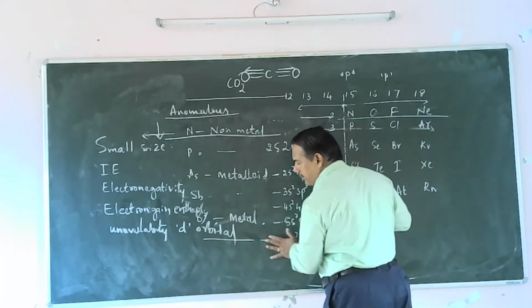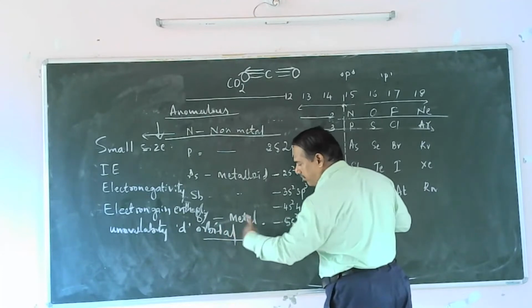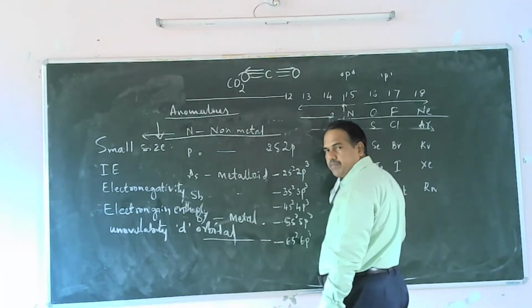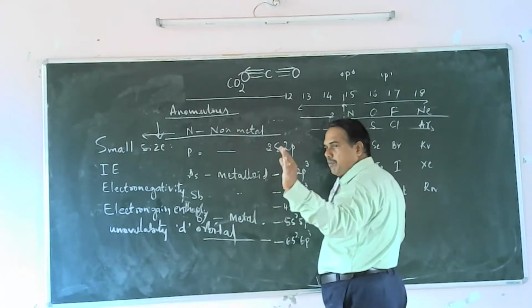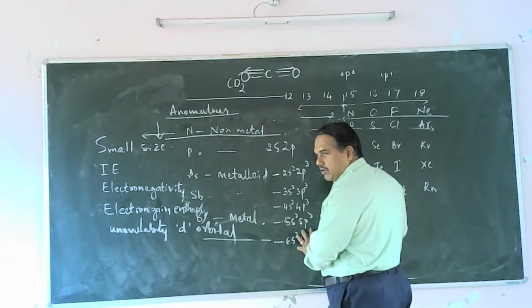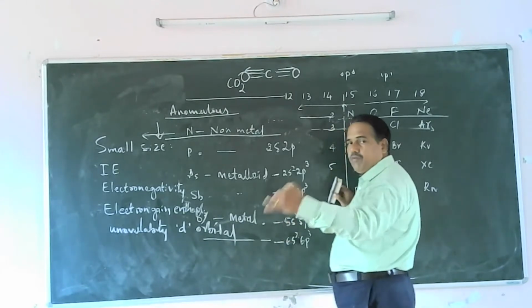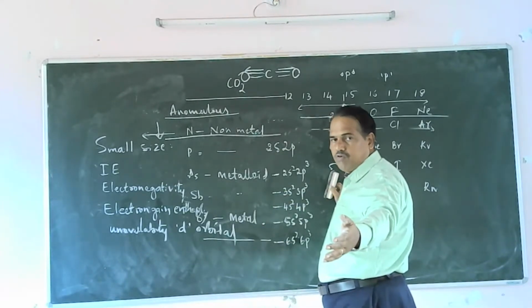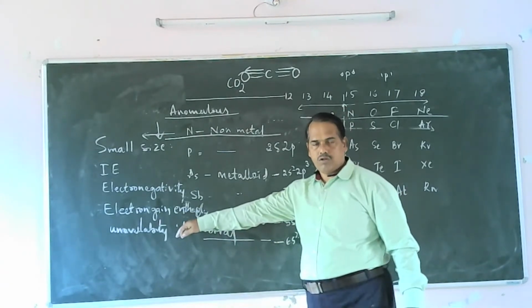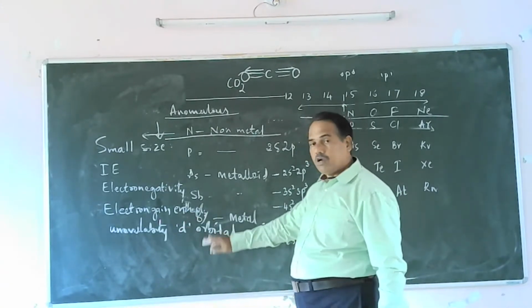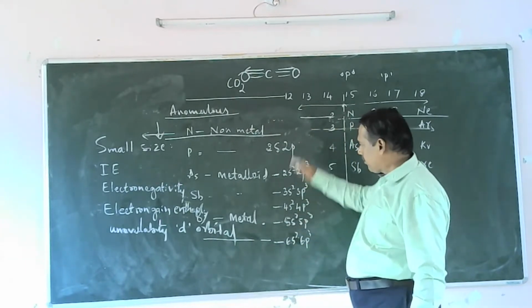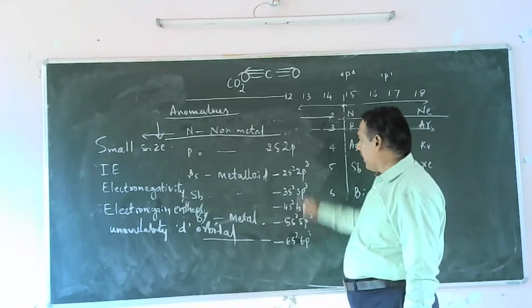Then there is poor shielding due to the orbitals, that is called screening. And again, you have to remember the inner pair effect. The outer valence electrons do not easily take part in bonding with other compounds due to the presence of inner core electrons. That particular effect is called the inner pair effect.